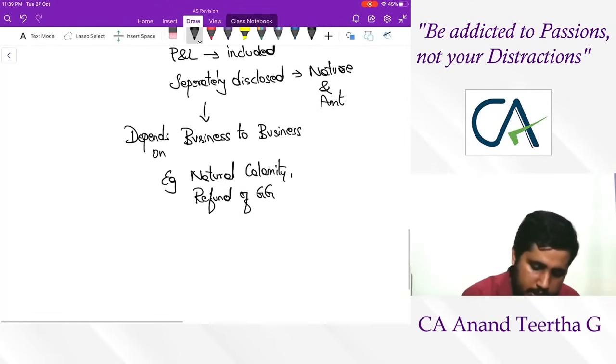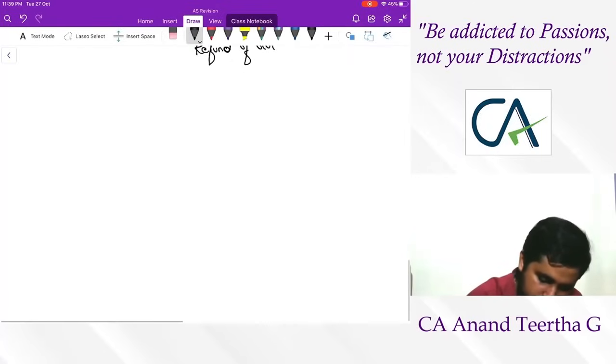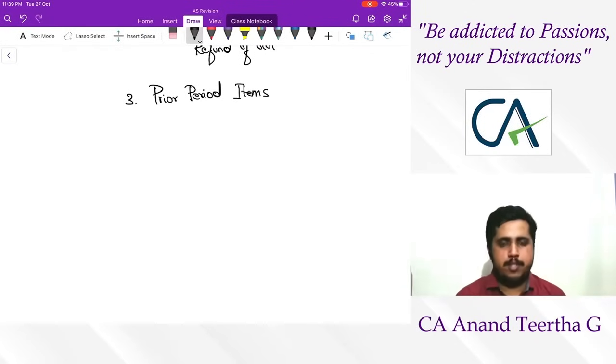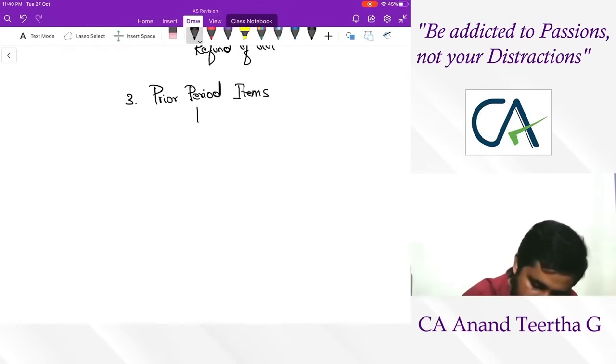After this, the third classification: prior period items. Now, what is the technical definition of this particular element?